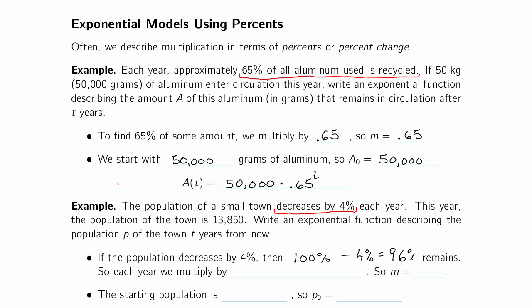So 96% of the population remains. If we lose 4% of the population, that means we have 96% left. So each year we multiply by 1 minus 0.04, which is 0.96. Our multiplier is 0.96.